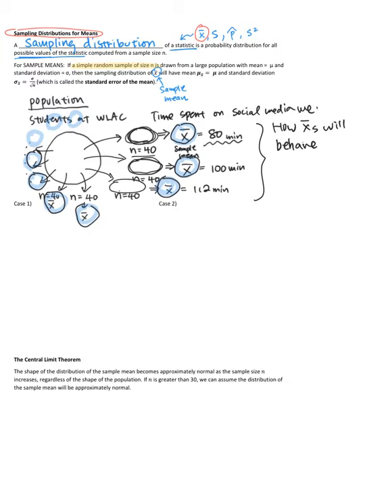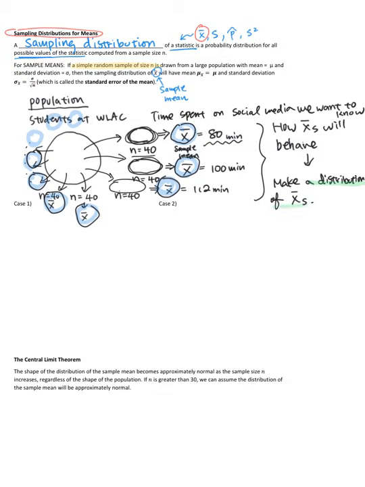So what we're going to do is make a distribution. We're going to put these X bars on a number scale so that we can see the shape of the distribution of X bars. So that's what it is.